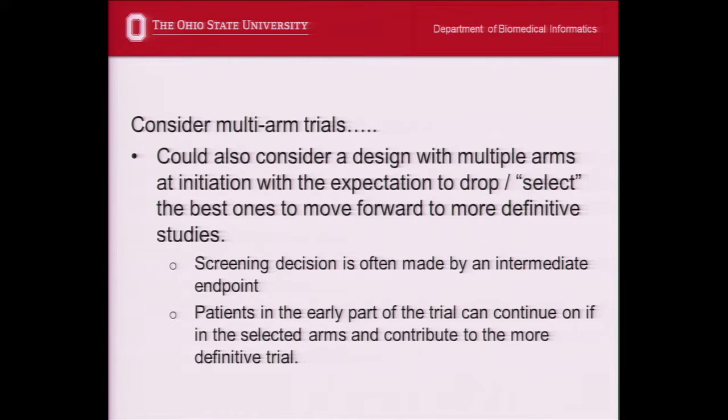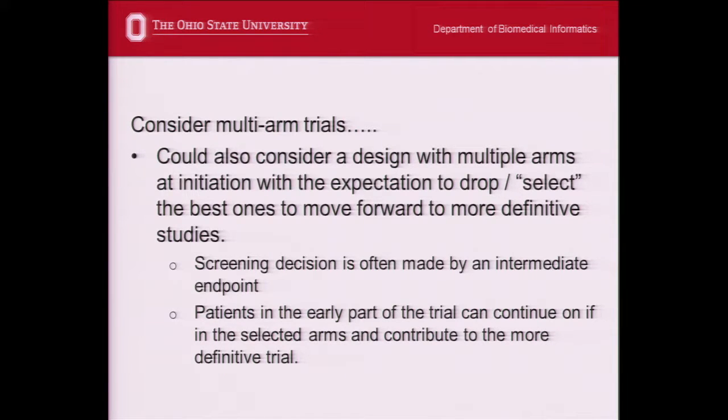The other thing we can think about, and we don't do this enough, is doing trials with multiple arms. So lots of times you'll see this, and I know there's lots of complications in doing this all at once. We can do one bigger trial with multiple arms rather than singular trials in succession. So we have 3 agents.